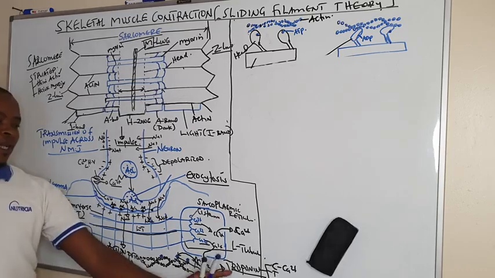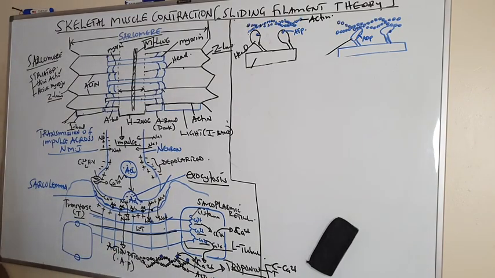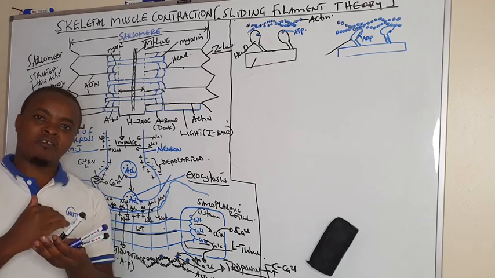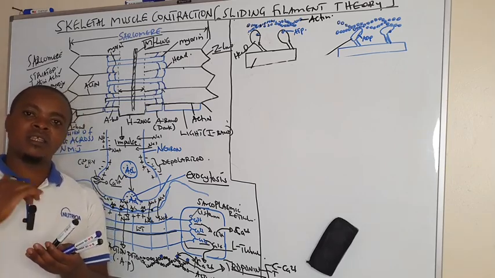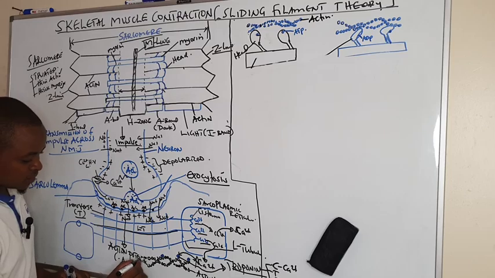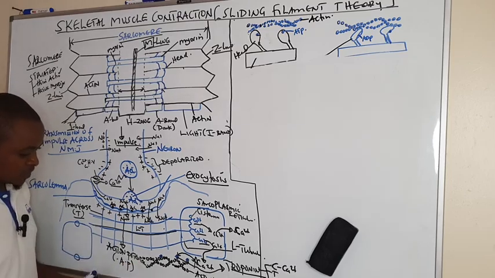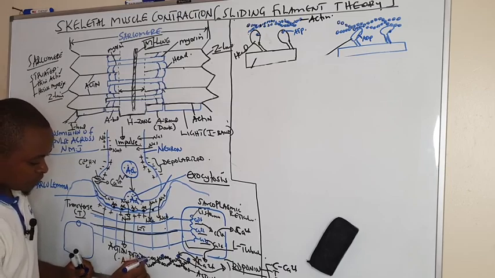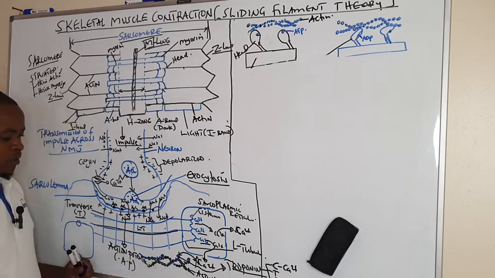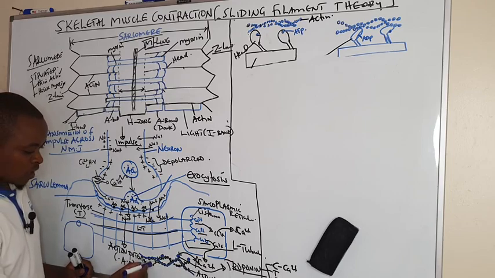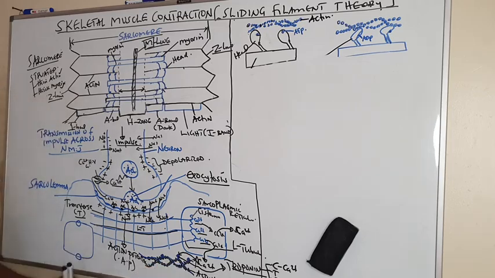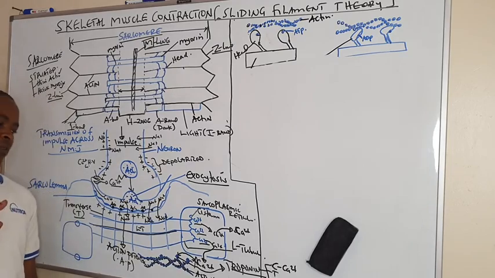At a relaxed state, the binding sites on the actin filament are always covered by tropomyosin, so that the myosin head does not bind. That is the relaxed state.